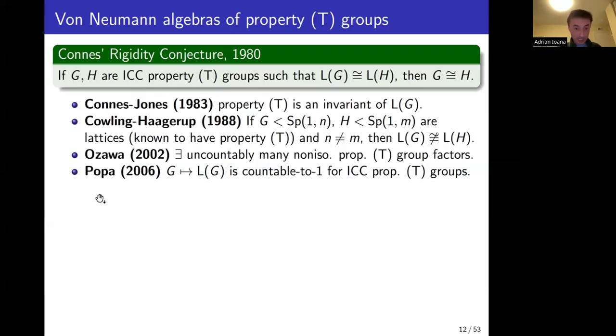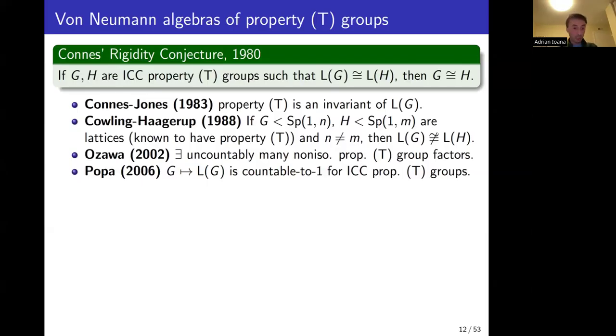And the last result in this sequence is due to Popa, who proved that the map sending G to L of G is countable to 1 for ICC property T groups, meaning that you cannot have uncountably many property T groups that give you an isomorphic von Neumann algebra.